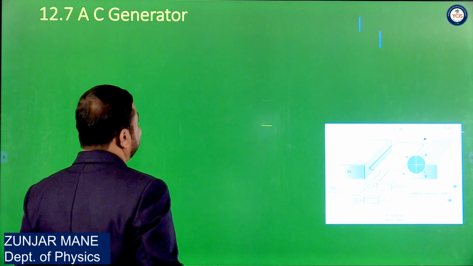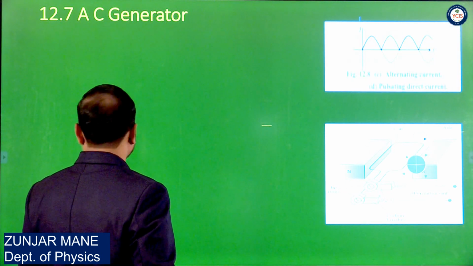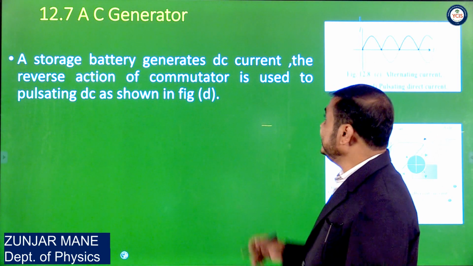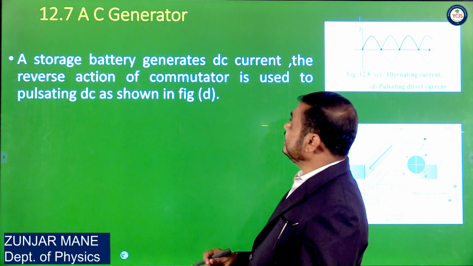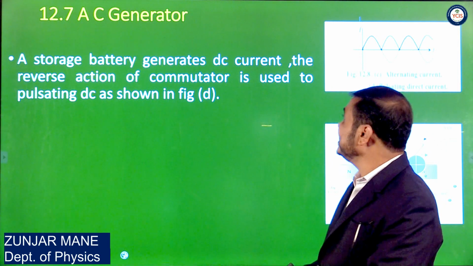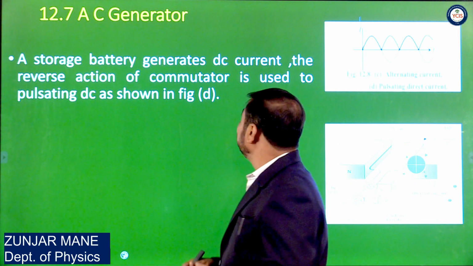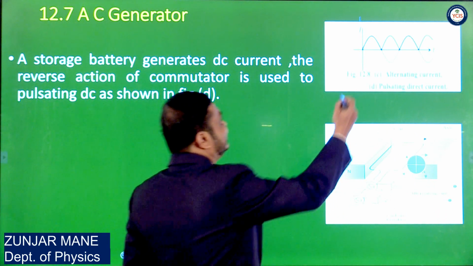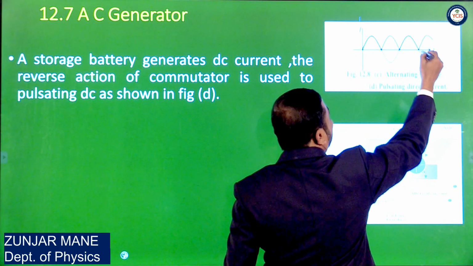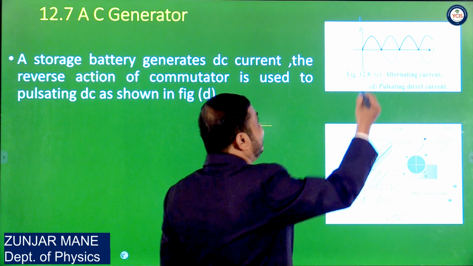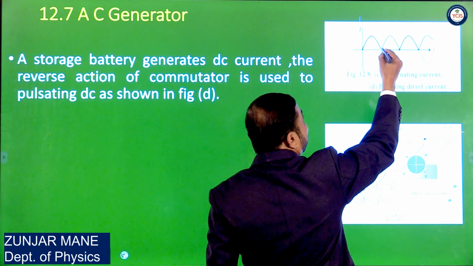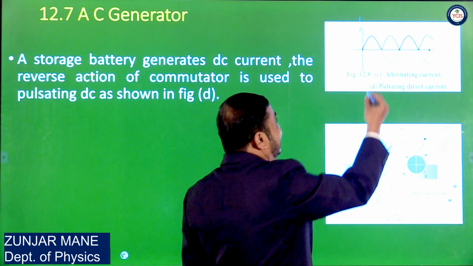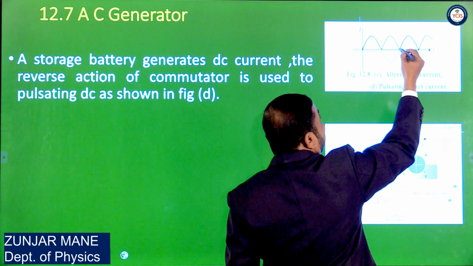It may also work as a DC generator. If we use a commutator in the AC generator, it generates a DC current, and the reverse action of the commutator is used to get pulsating DC as shown in the figure. Generally the voltage is produced in this way, but when the position of the coil reaches this point, the commutator reverses the polarity, and instead of the negative half cycle we get a positive half cycle.